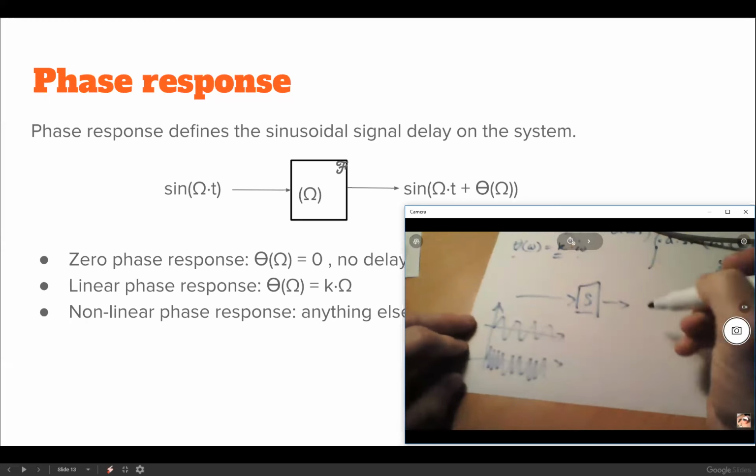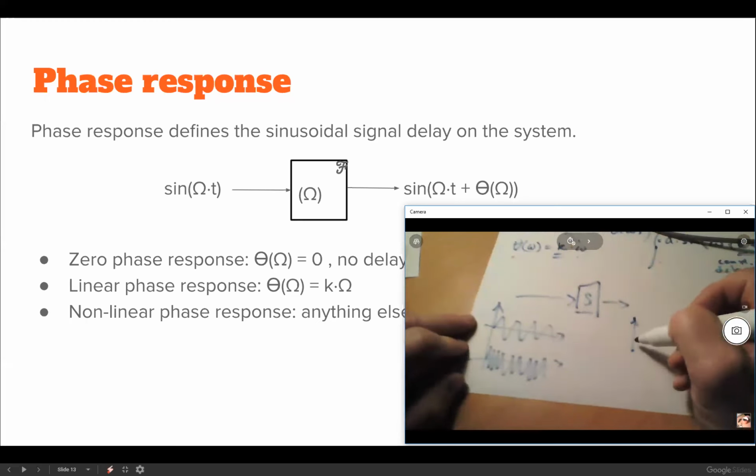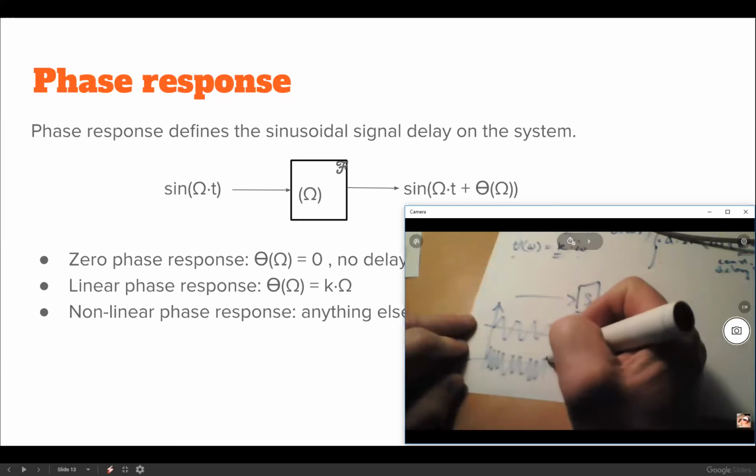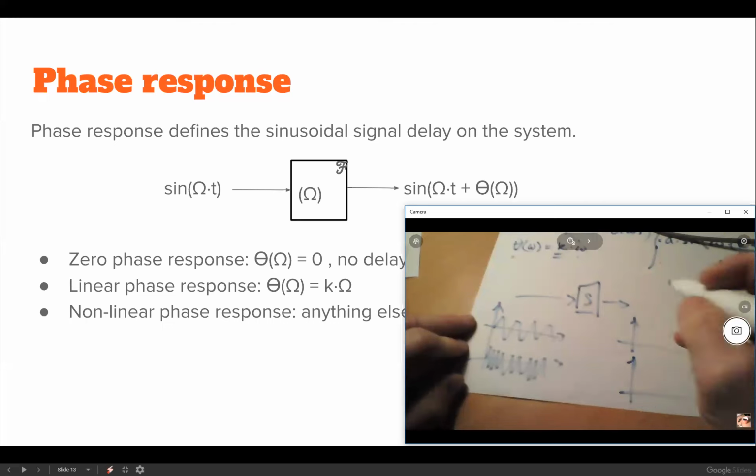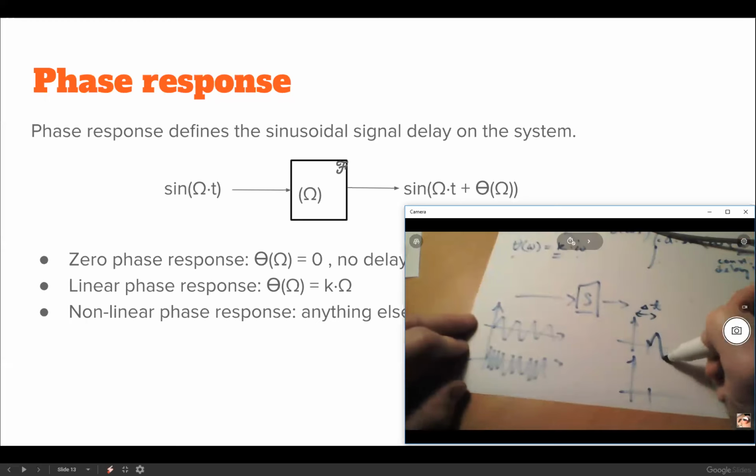The system does, for example, filtering or anything like that. After the system, you want the time delay of each frequency to be the same in some certain circumstances.